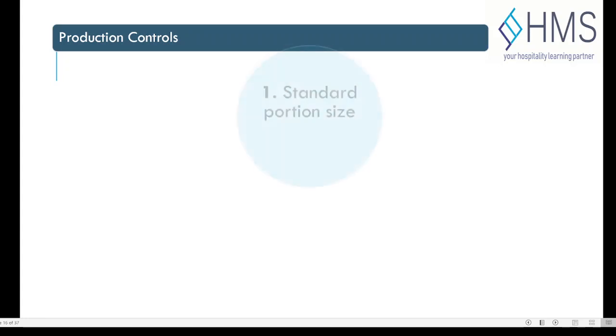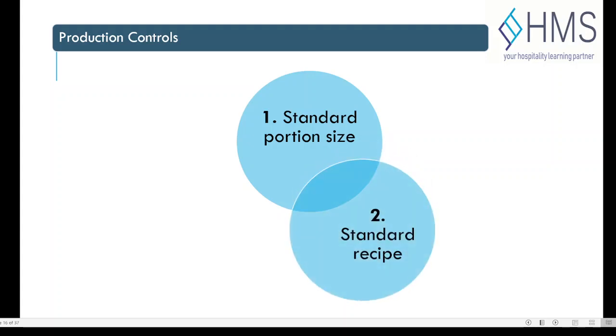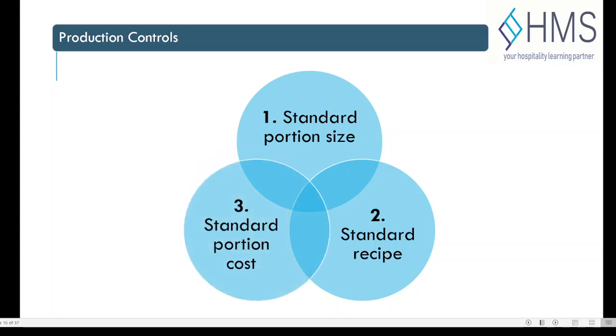So in the kitchen controls, usually we have to have a standard portion size. So that's the one control. Second control, usually they have for controlling the food is standard recipe, right? So there is a standard portion size, there is a standard recipe to make that, and then there are standard portion costs.